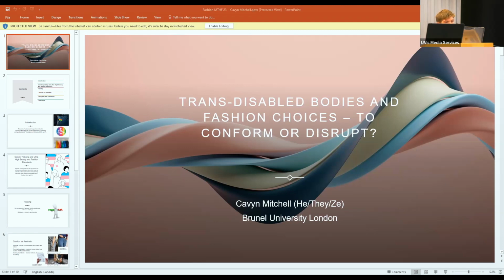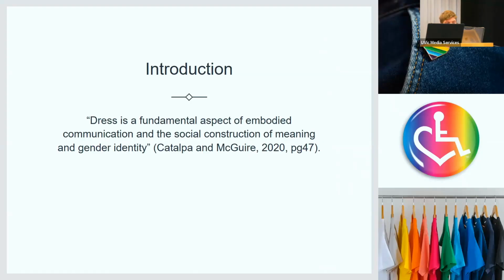For disabled individuals, finding clothing that, A, fits, and B, works with their own aesthetic is a challenge, particularly when there are few clothing brands that tailor clothing to suit disability needs. For many disabled individuals, clothing is more than just a fashion statement, so it can be really useful. For example, for individuals with ASD, clothing without seams, or Velcro and fastenings for individuals who have dexterity issues or cerebral palsy.